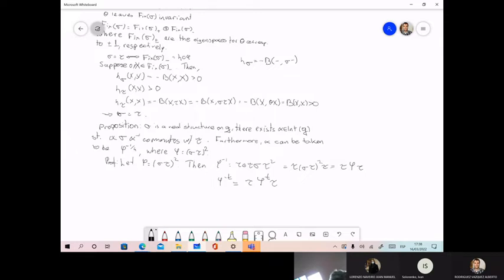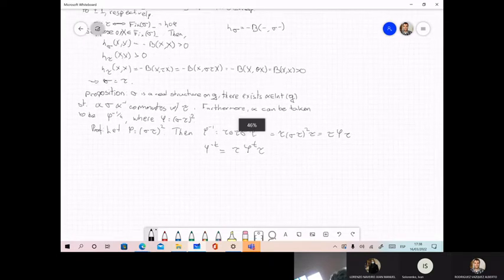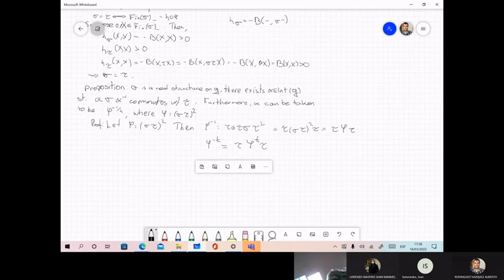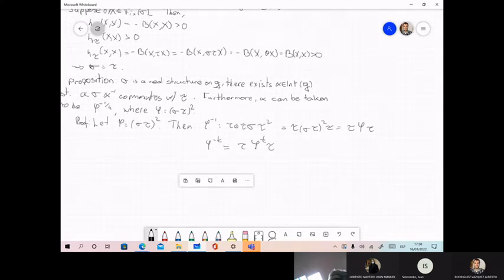And also we have the following, which is that we conjugate this by sigma tau.